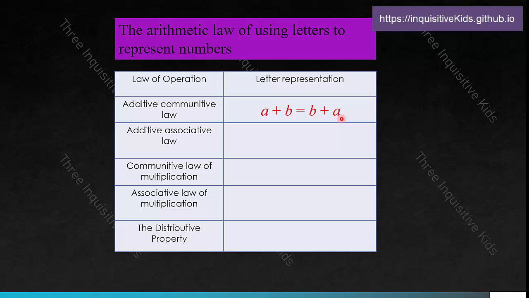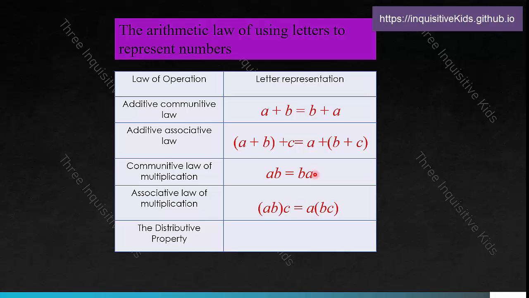And then the additive associative law or the associative law of addition was that the sum of a plus b plus c is always going to be equal to a plus the sum of b plus c. And then there's a commutative law of multiplication. That's ab equals ba. Remember when it's in algebra, because this is what we're talking about right now, algebra, you can always not write the multiplication sign.